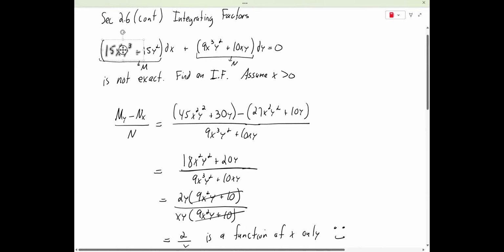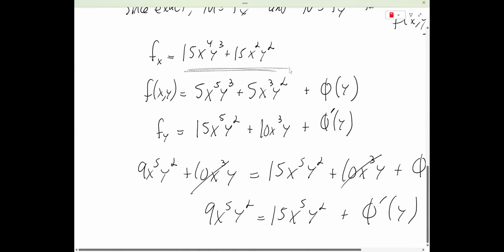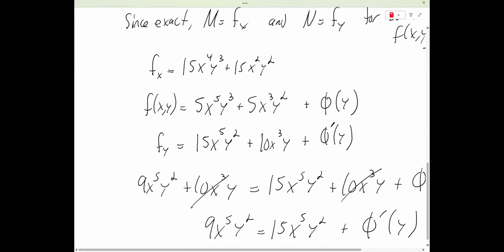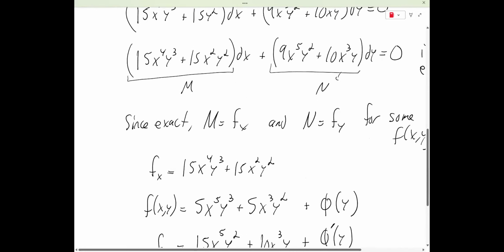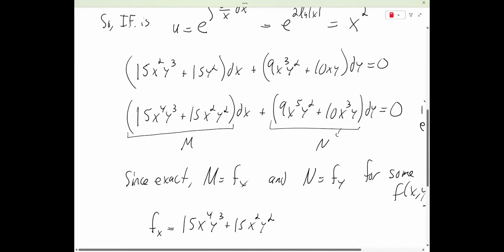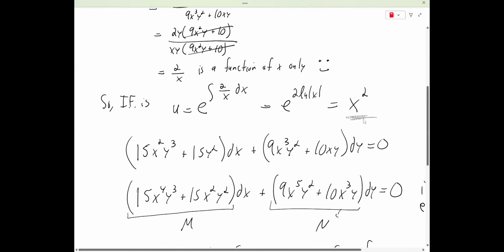Maybe I messed up the antiderivative somewhere. It's the antiderivative with respect to x, so that would be x to the fifth. Apparently I got an integrating factor, so that makes it exact at that point, and I multiplied through by it. Did I multiply it right or something?